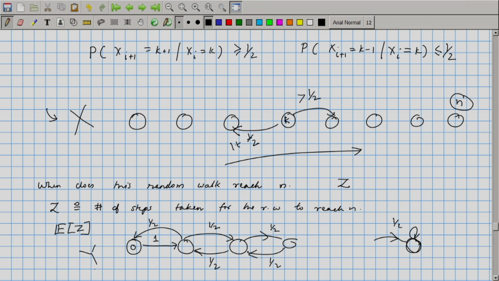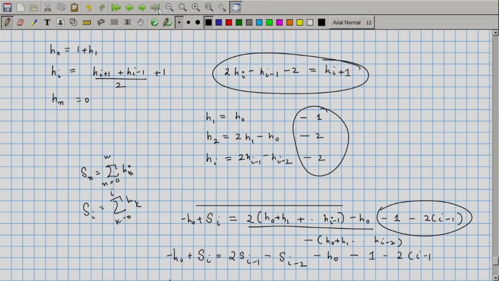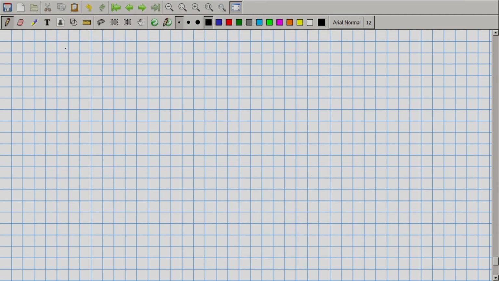Y itself will hit the state n in n square steps. So, the expected number of steps for x to reach n is going to be less than n square.